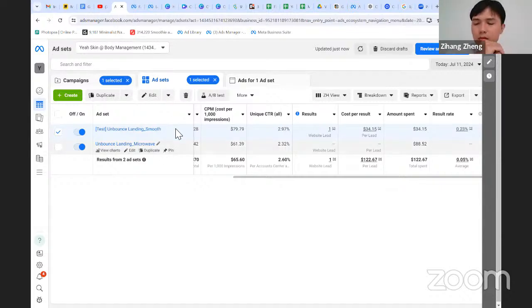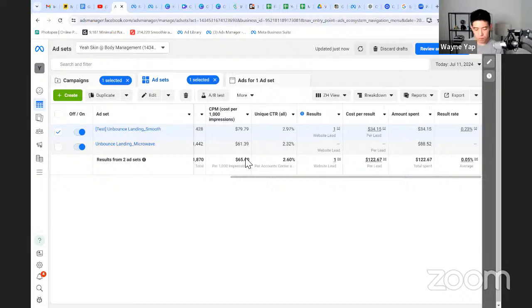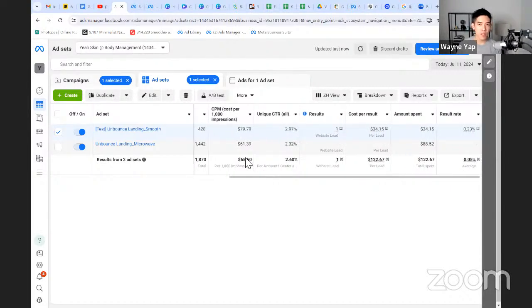I think something important to understand when it comes to testing creatives is, I explained this to my chief of staff, therefore it's kind of fresh on my mind. The number one objective is to try and find winning creatives that get leads at $10 per lead, because ultimately we want leads that are $10 and less.